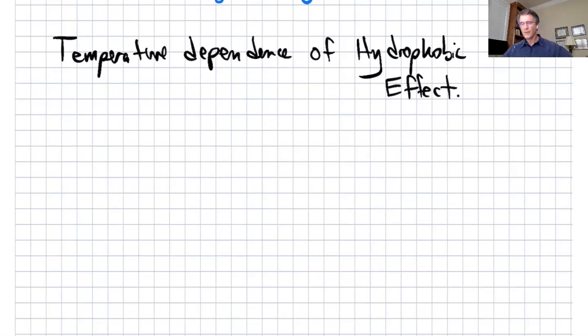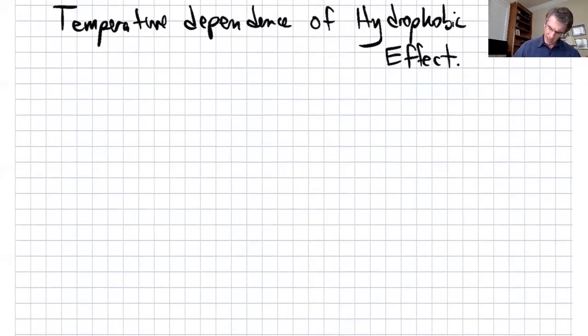Okay. Now it helps in going through this argument if, rather than thinking about the hydrophobic effect as a complicated thermodynamic problem, or thinking about water collapse, you think about the hydrophobic effect in a somewhat different conceptual way: as being related to solubility.